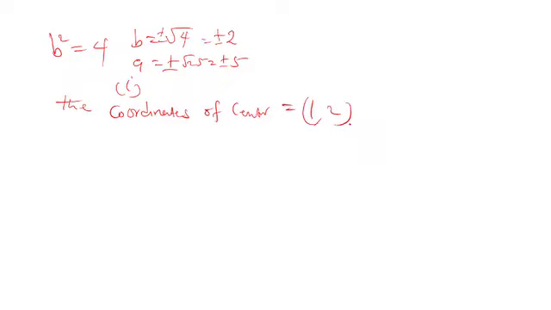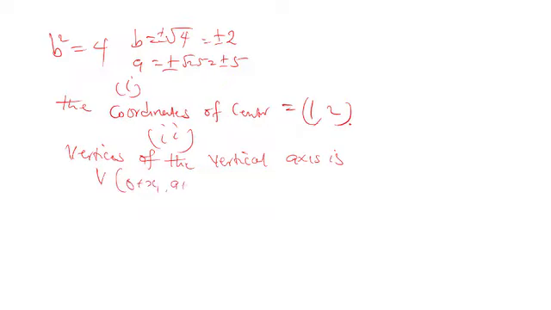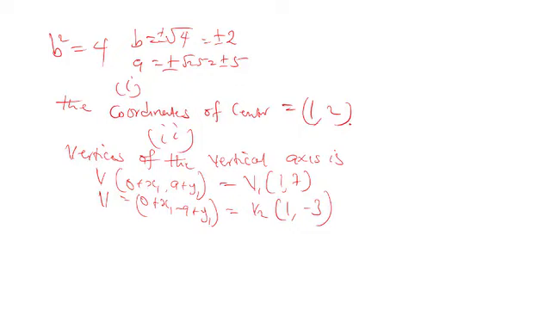The vertices of the vertical axis are V1 equals 0 plus x1, a plus y1, which is 1 and 7, and V2 equals 0 plus x1, minus a plus y1, which is 1 and minus 3.